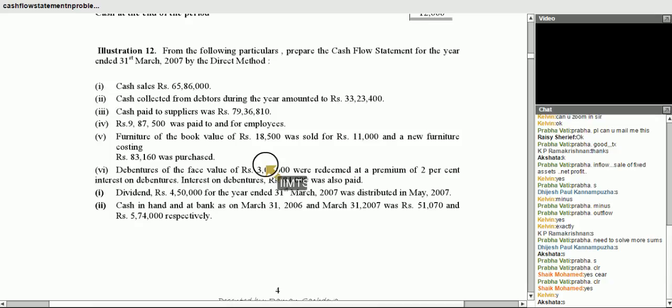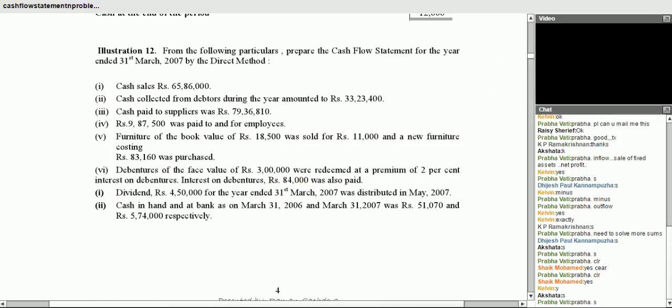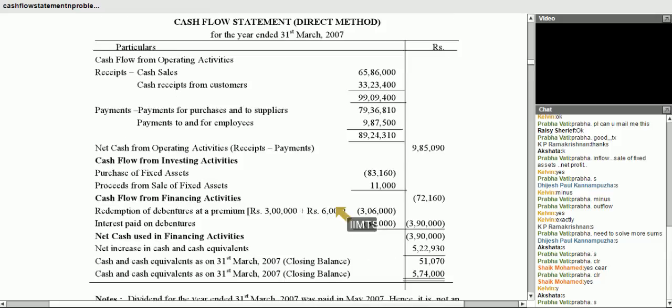You can see 3 lakh at a premium of 2%. So 2% of 3 lakh will be how much? 6,000 rupees. Getting it? 2 divided by 100 into 3 lakh will give you 6,000. That is what they have added over here. So 3 lakh 6,000 plus 84,000 gives 390.